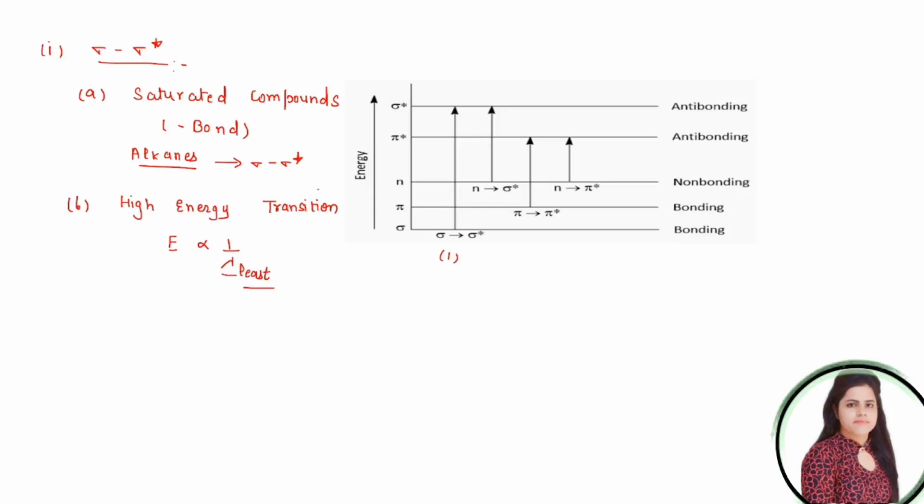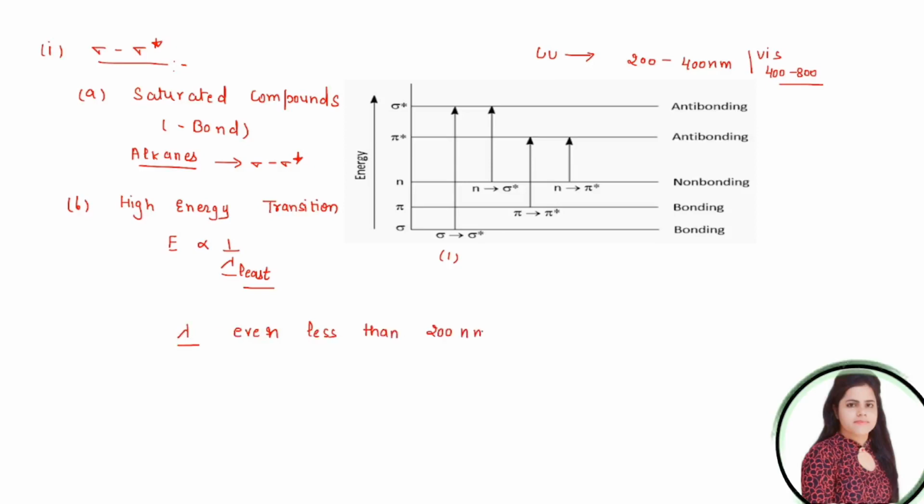Generally, UV spectroscopy has the range 200 to 400 nanometer, and visible spectroscopy has the range 400 to 800 nanometer. But some molecules which show sigma to sigma star transition have such high energy that lambda will be even less than 200 nanometer.